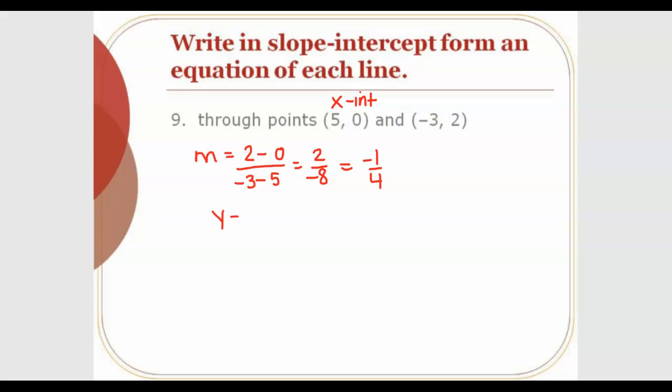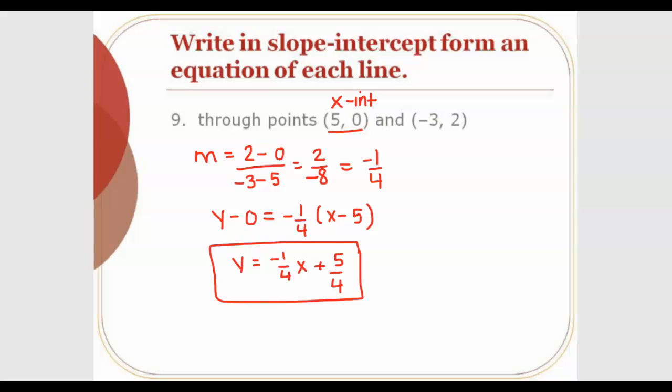If I have a 0, that's going to be the value I plug into my point slope form. So I'm going to use the x-intercept point. And what's nice about this example is it's a slope-intercept form, so I can quit where I am.